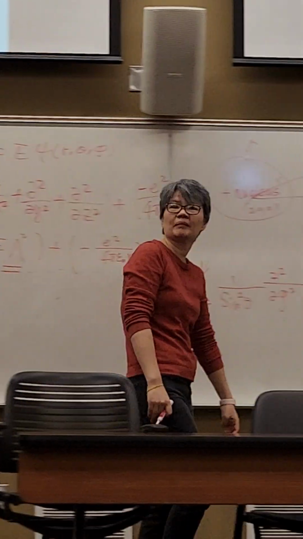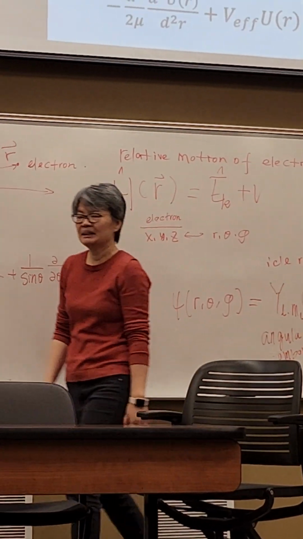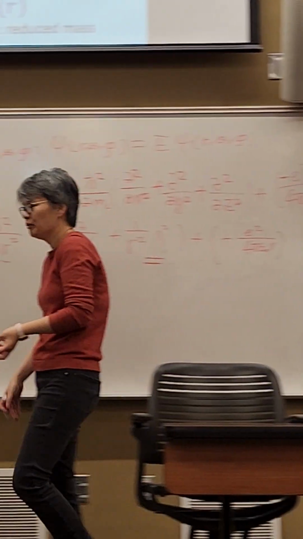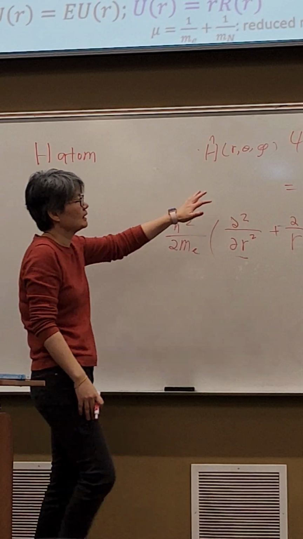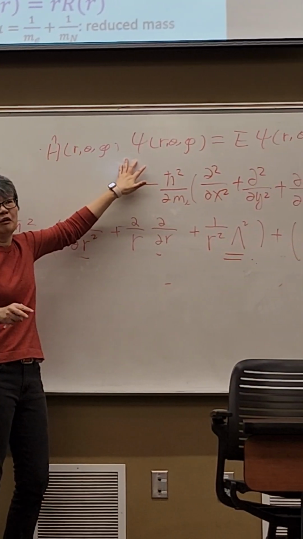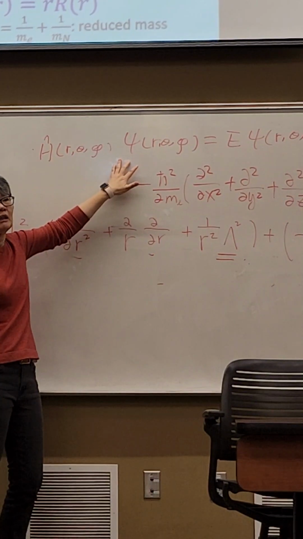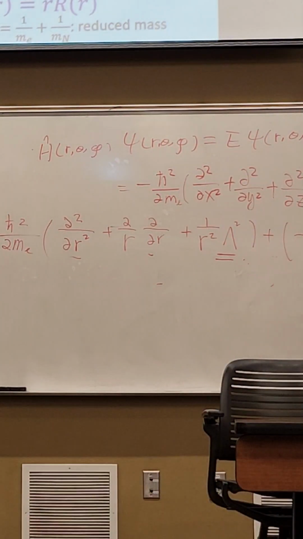Separation of what? Variables. Instead of solving the exact one, sometimes it's so complicated, so therefore you learn this. I think you guys learned this in math. Instead of solving directly for the function with 3 variables, one math trick you learn is separation of variables.